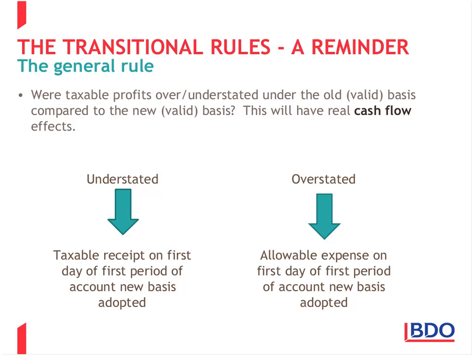If, on the other hand, profits were overstated, then there is an allowable expense to be brought into account on the first day of the accounting period in which the new basis is adopted. The end result is that no profits or losses, income or expenses, should fall out of account for tax purposes.